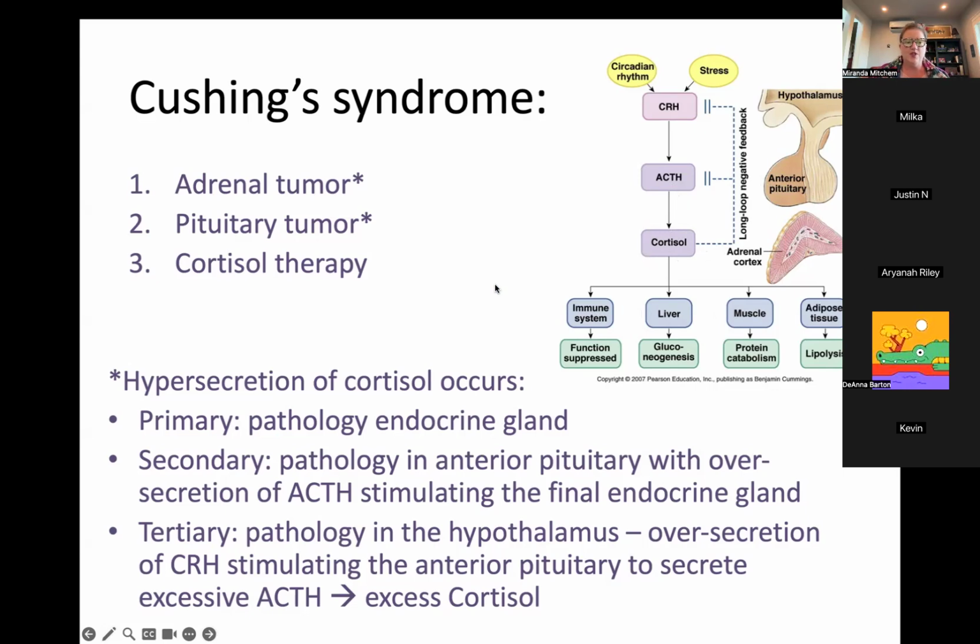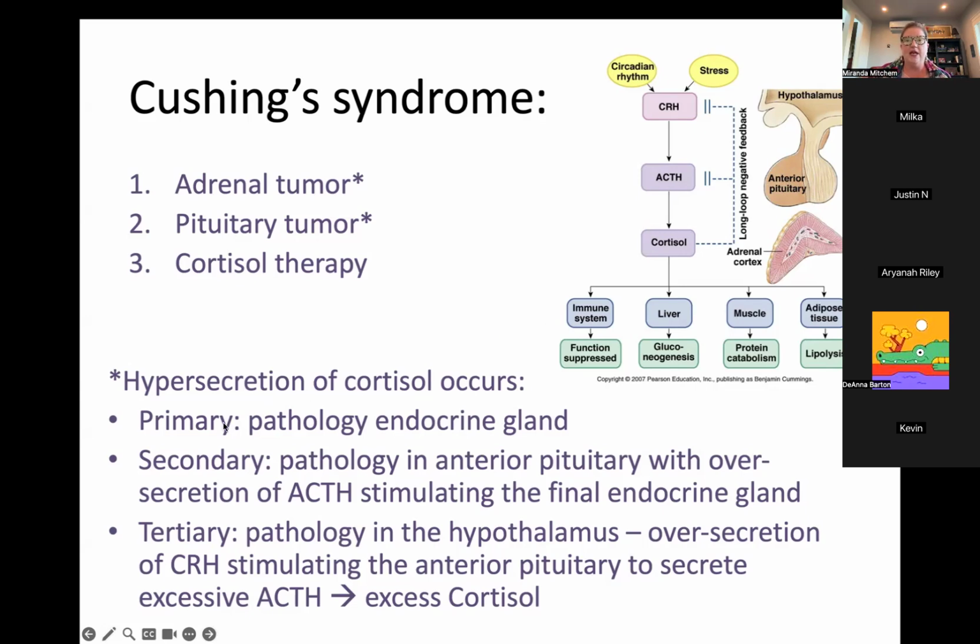So let's review too what primary, secondary, and tertiary pathology is. And this is true for the thyroid hormones as well. So first of all, the secondary, that one's a little easier because it's in the middle. The secondary is affecting the anterior pituitary gland, and that means we're going to control the amount of ACTH.